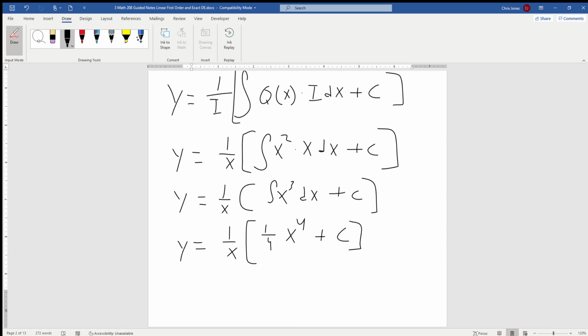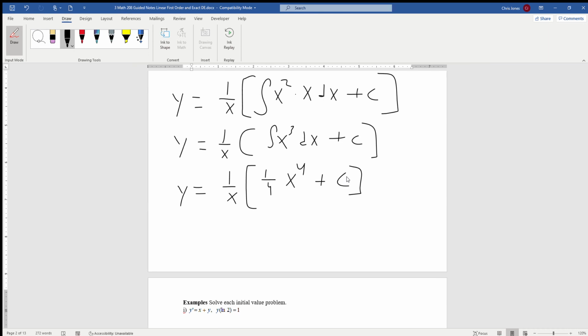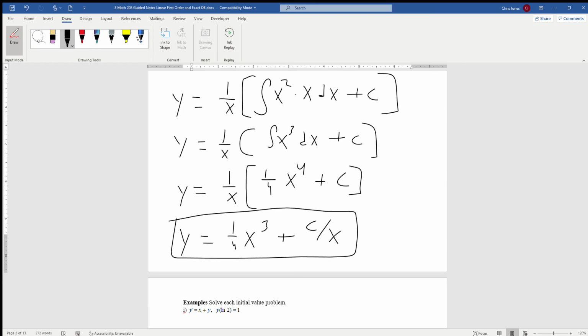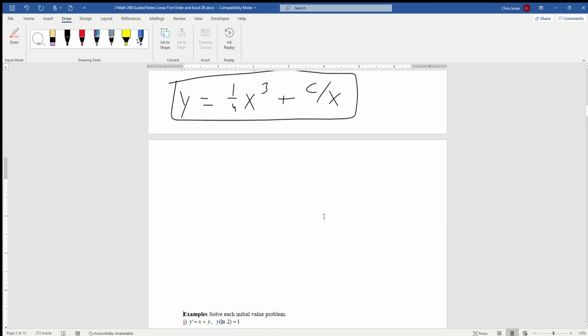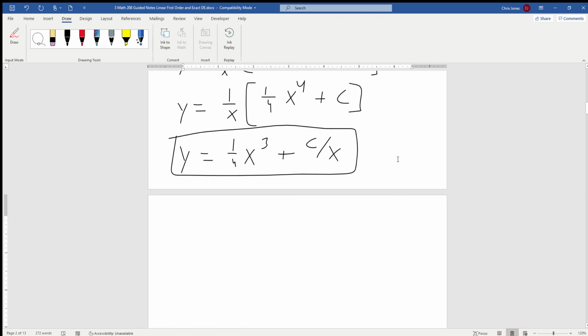And then our general solution, if we were to distribute the 1 over x, is going to be y equals 1/4. We're going to subtract 1 from the exponent, and we can't forget that we have to divide c by x as well. So we end up with 1/4 x cubed plus c over x, and that's going to be our general solution.